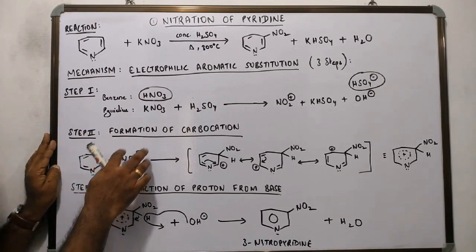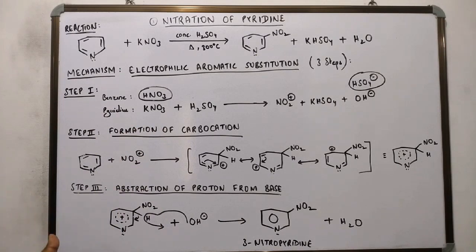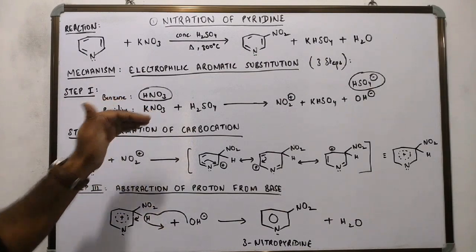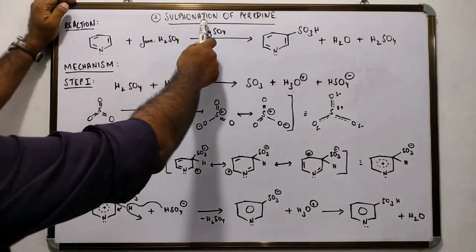So the reason why we have used KNO3 is to increase the rate of electrophilic aromatic substitution reaction. Even though we have used KNO3 to increase the rate of reaction, and even though the conditions are vigorous, the yield of 3-nitropyridine is very poor. It is only 8%.